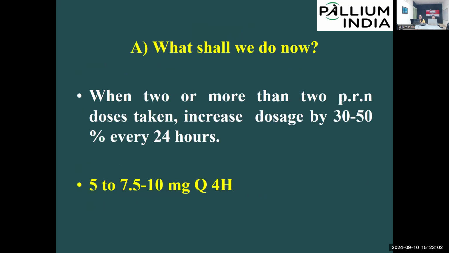So when 2 or more rescue doses are being taken, the patient's dose needs to be increased by 30 to 50% every 24 hours. So this 5 milligram fourth hourly, you can either increase to 7.5 milligram fourth hourly or 10 milligram 4 hourly.